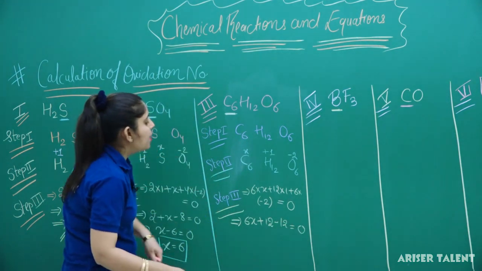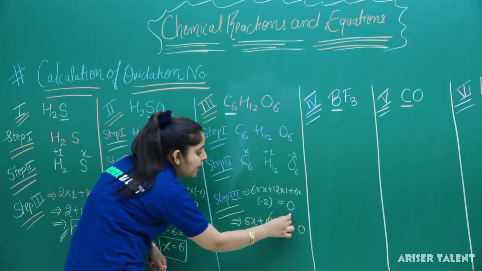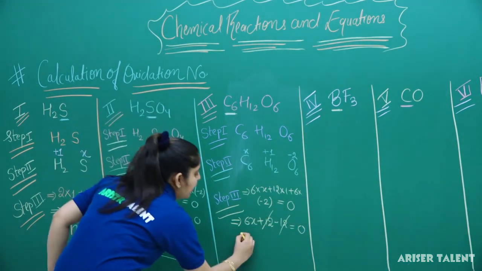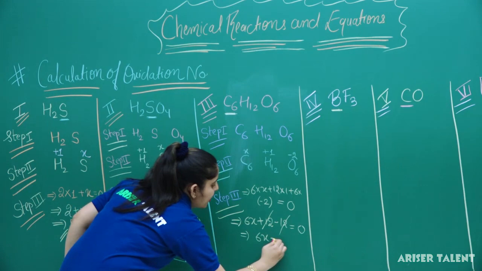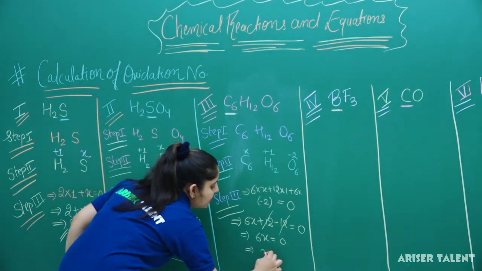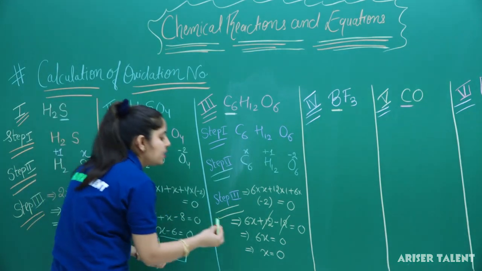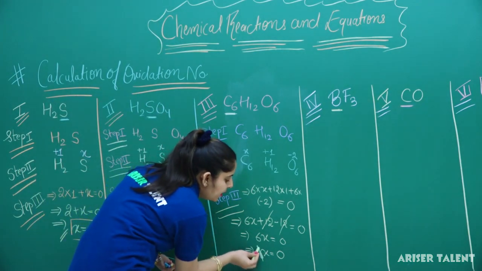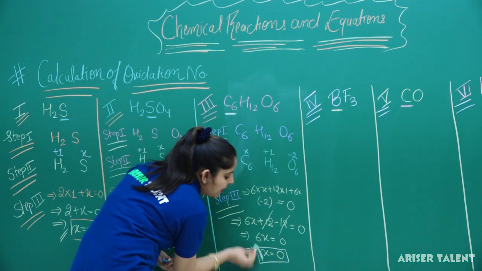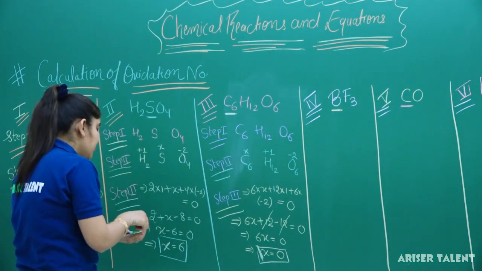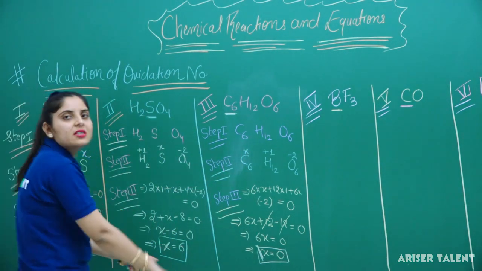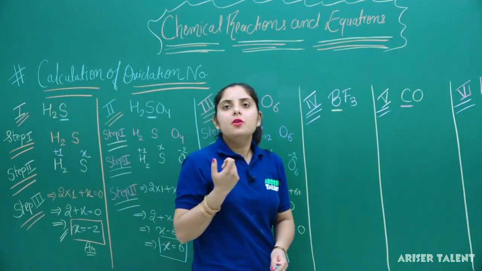So what we will observe here, plus 12 will be cancelled by -12 and 6x equal to 0. It means x equal to 0. So x equal to 0 will be the oxidation state of carbon in case of glucose. So the correct answer is x equal to 0. These are basically the oxidation states we have calculated for the unknown element.